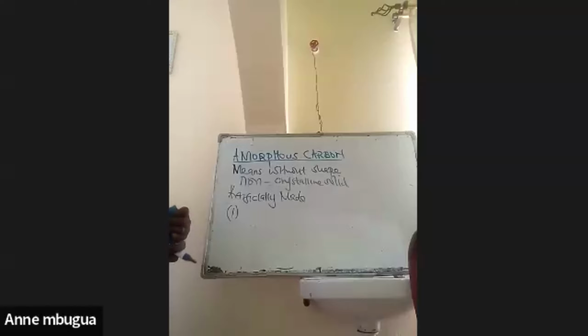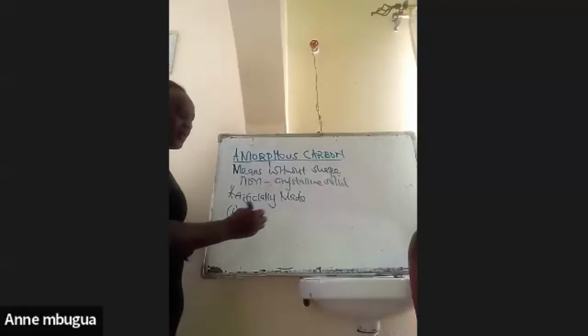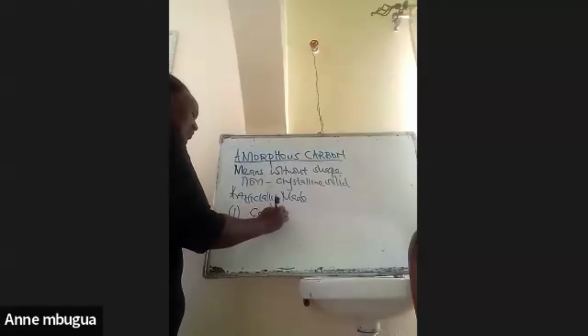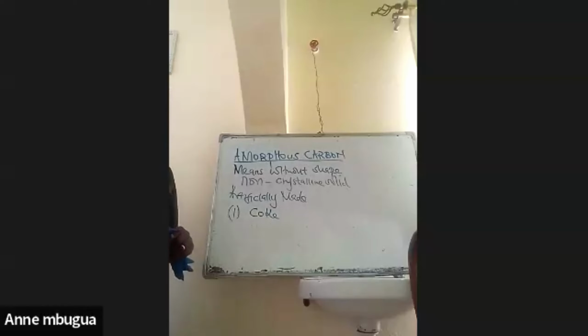The first one is coke, C-O-K. It is an amorphous form of carbon without shape, non-crystalline, and artificially made.